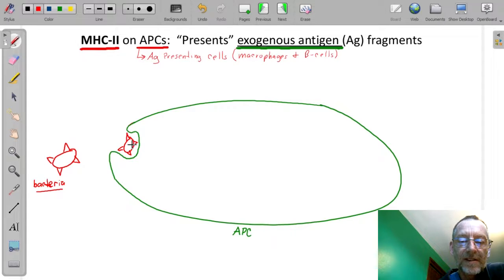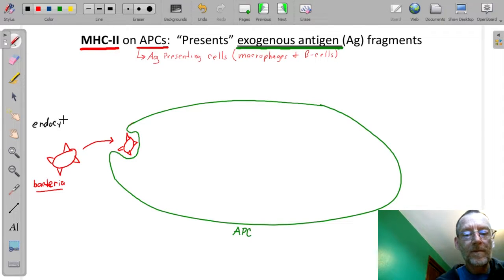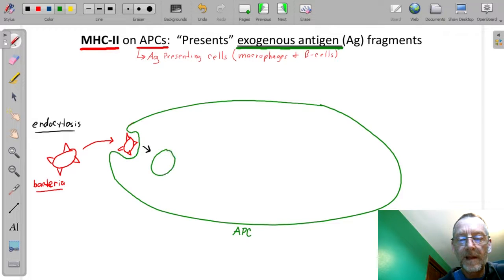You know, this basic story. Endocytosis, that then enters the cell, and we have a phagosome that has the bacterium inside of it.